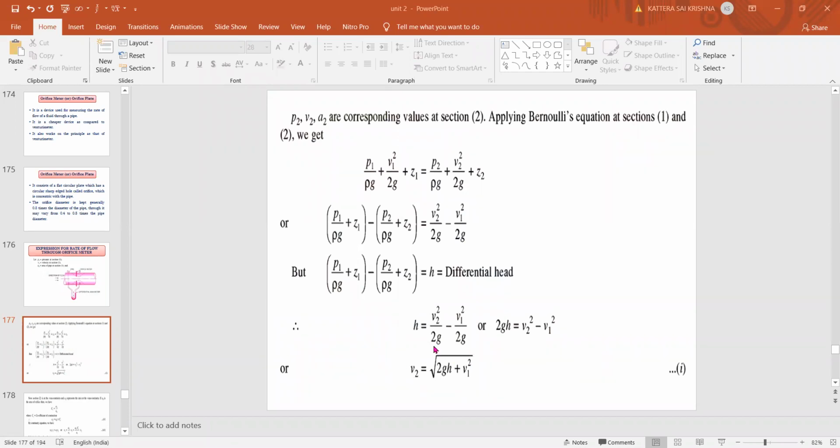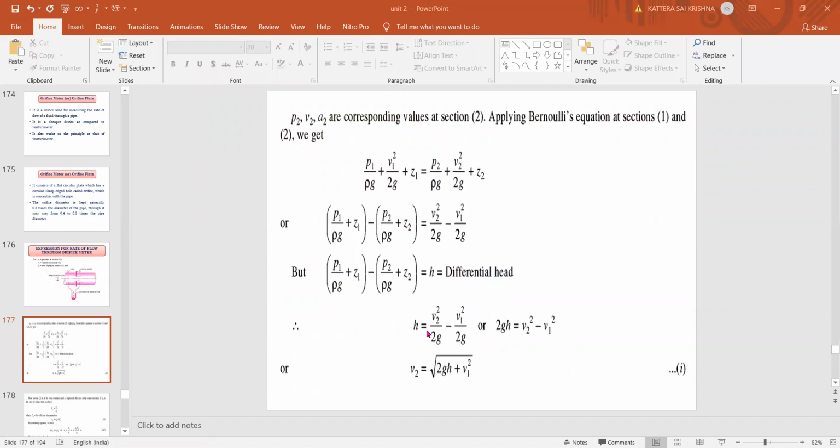We are removing all the pressure terms as well as the Z1 and Z2 terms. Let us consider this as equation number 1.